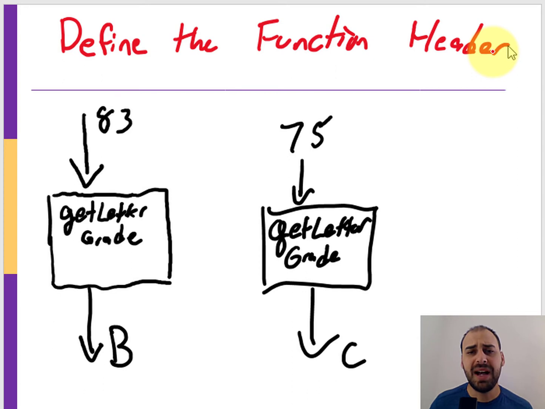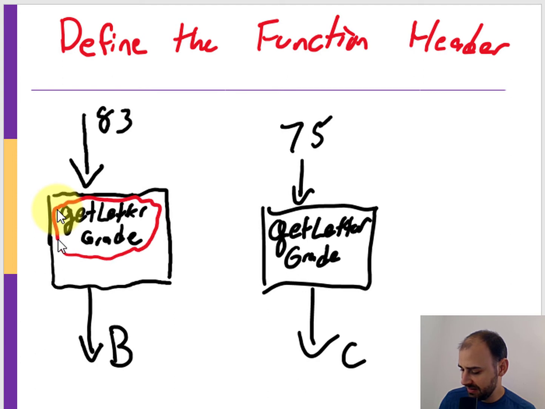What I mean is we need to know three things. We need to give it a meaningful name, which I already did. You just pick a name that's descriptive. We need to know what the inputs are and the data type of the inputs. It depends on what we want to allow, like 83.5 or just integers.